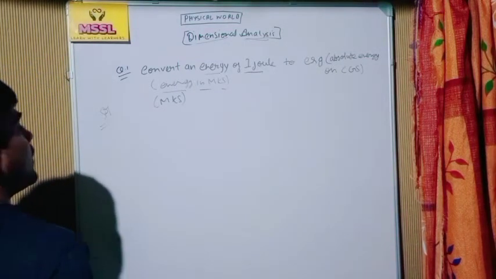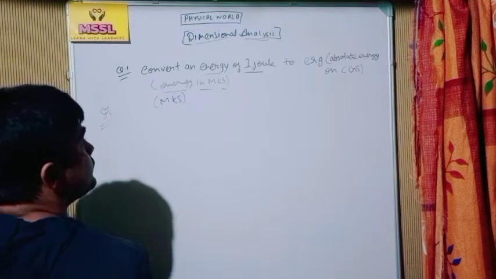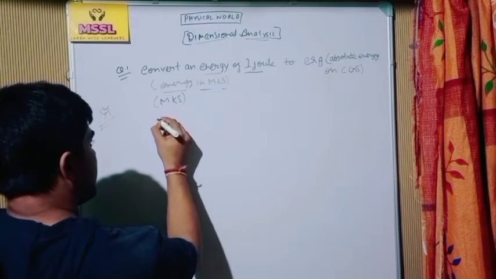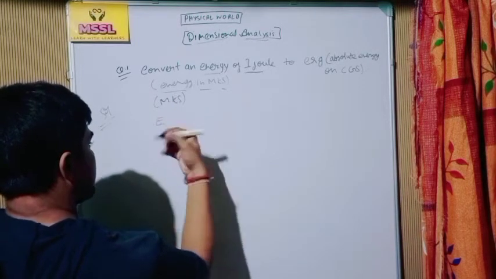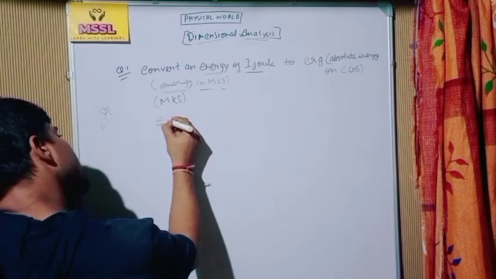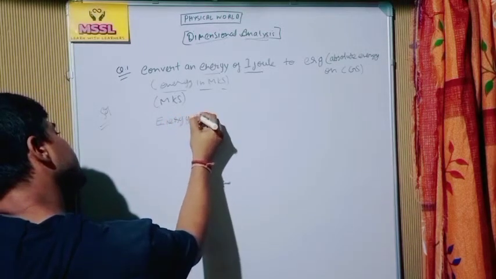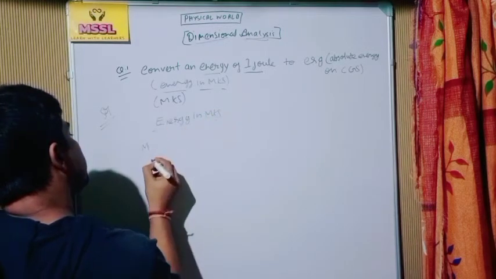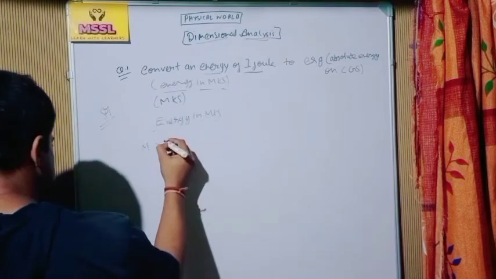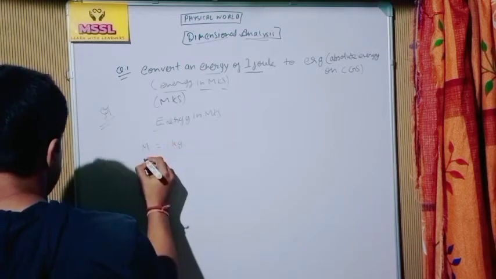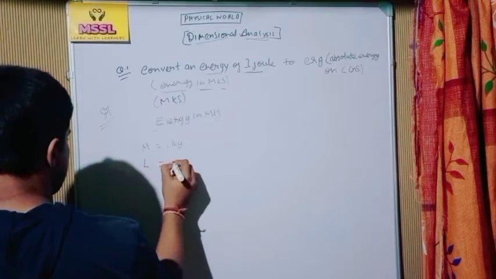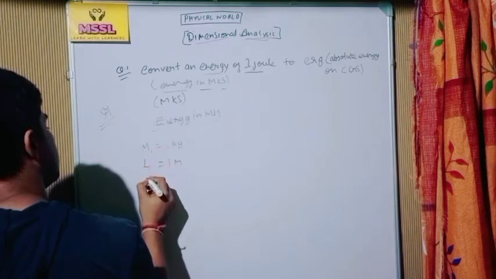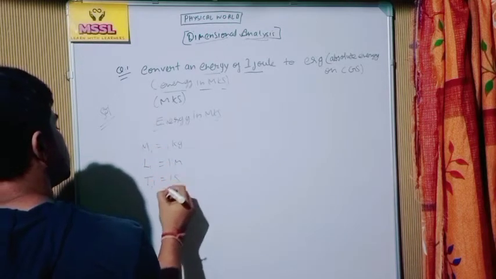If we talk about energy in MKS, M1 is 1 kg, L1 is 1 meter, and T1 is 1 second.